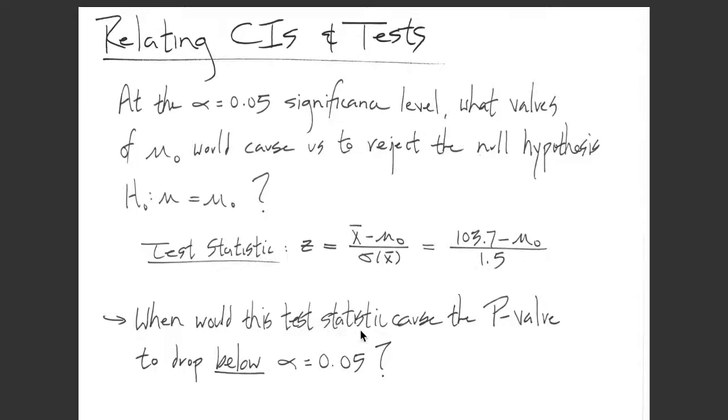And then when would this test statistic cause the p-value to drop below 5%? Because that's when we reject the null hypothesis. When the p-value is less than your alpha value, then you're going to reject the null hypothesis. So we need to ask, when would this test statistic cause us to have a p-value that's below 5%?